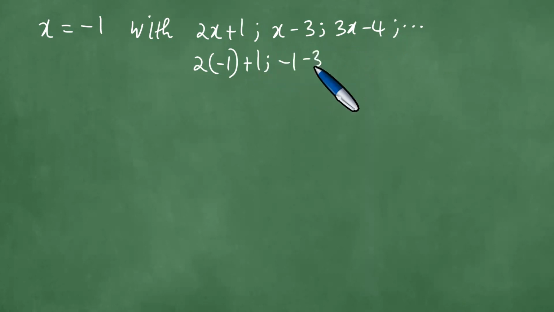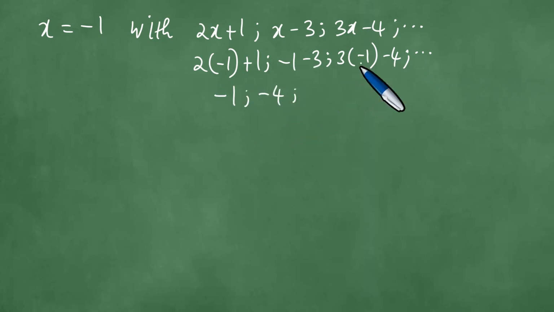So what is minus 2 plus 1? Minus 2 plus 1 is minus 1. Minus 1 minus 3 is minus 4. Minus 3 minus 4 is minus 7.